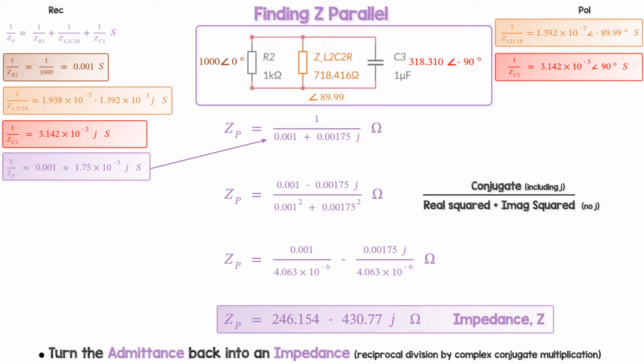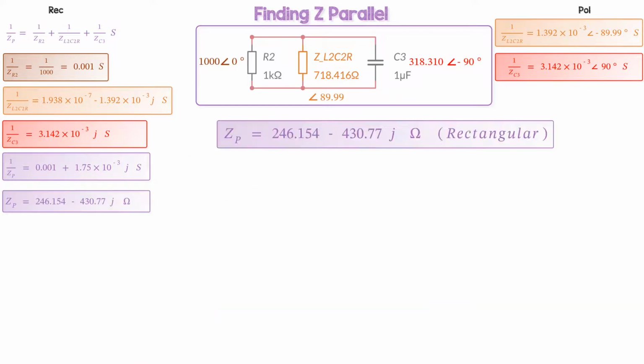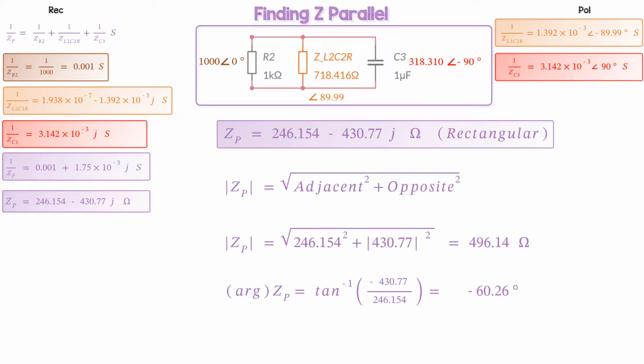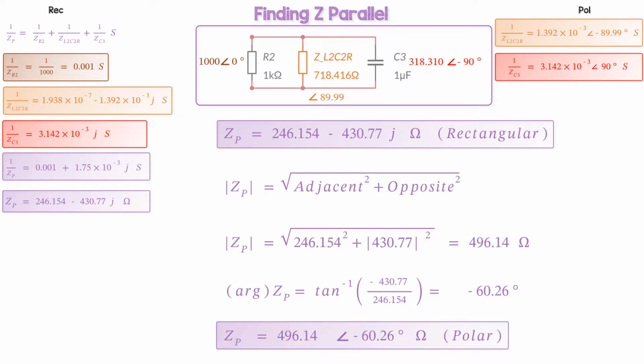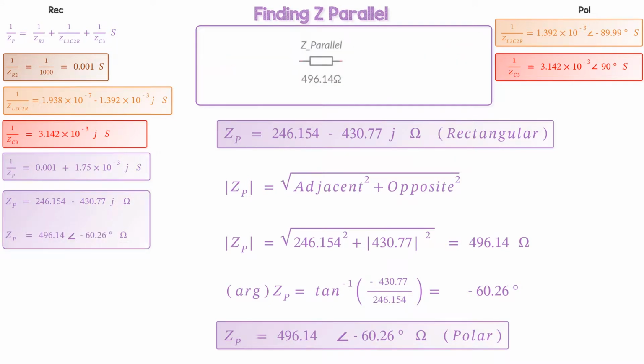So ZP is 246, roughly, minus 430j ohms. And that's our impedance, Z parallel. Convert it to polar if you want to. So that's Z parallel all done and dusted.